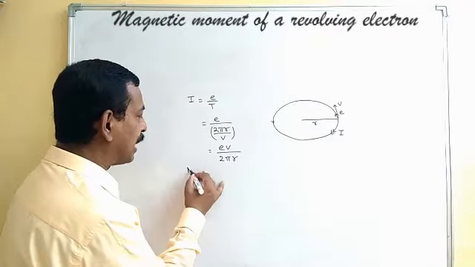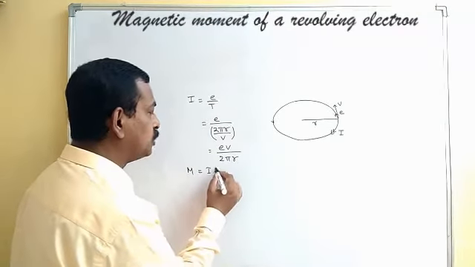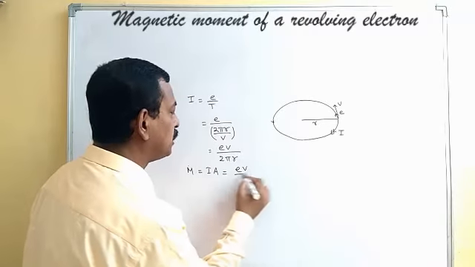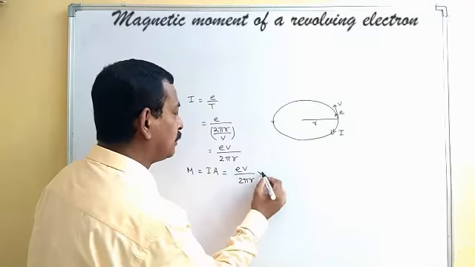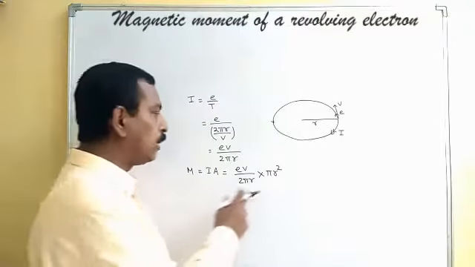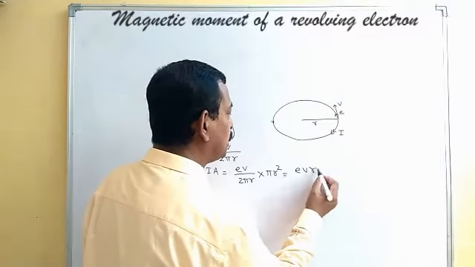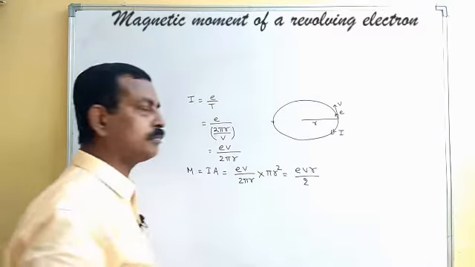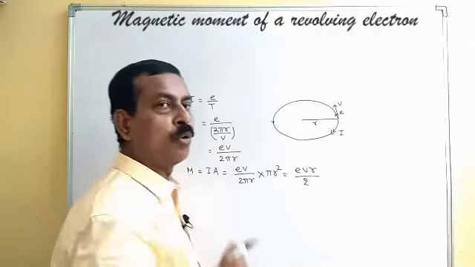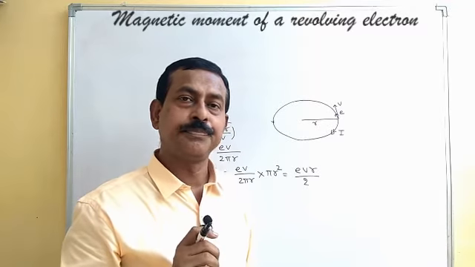And now if I take the magnetic dipole moment, this is your I into A. So this will be equal to e v by 2 pi r into pi r square. And now if you cancel the terms r and pi, it is e v r by 2. This is the expression for the magnetic dipole moment associated with the revolving electron.